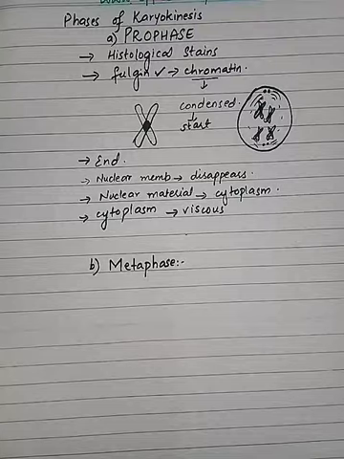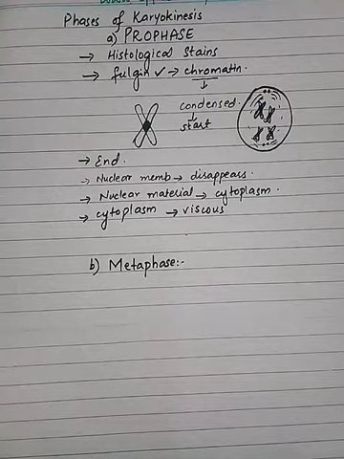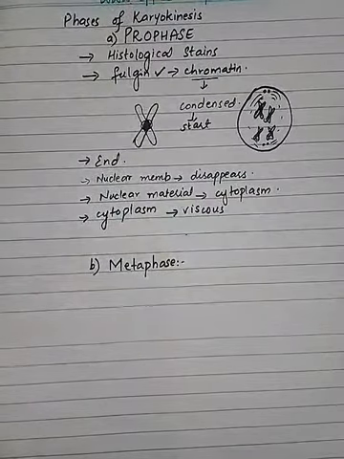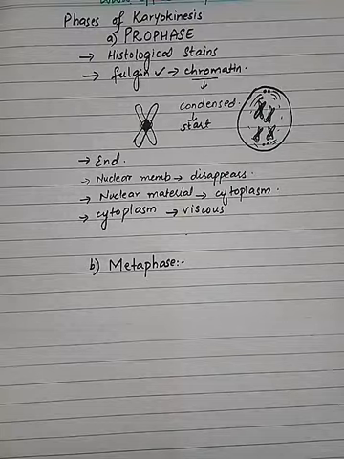The metaphase is the next phase after prophase. At metaphase, the chromosomes are now duplicated structures, which consist of two sister chromatids attached at the central point, the centromere.